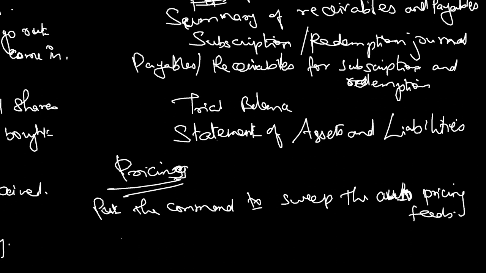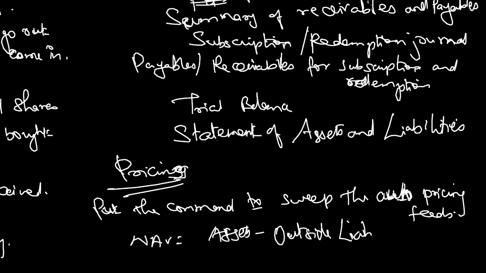Typically the formula for pricing the fund NAV is equal to assets minus outside liabilities, divided by the number of units outstanding.